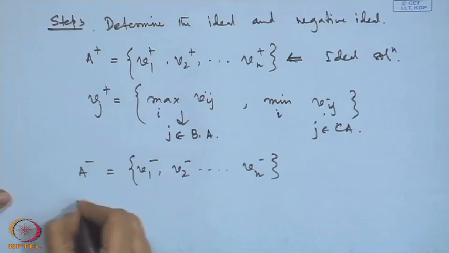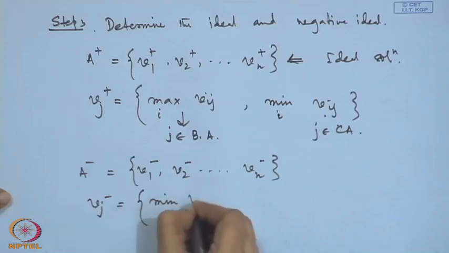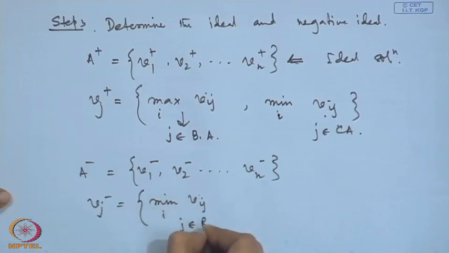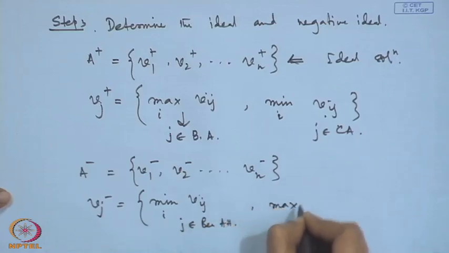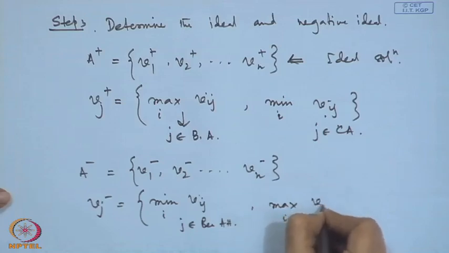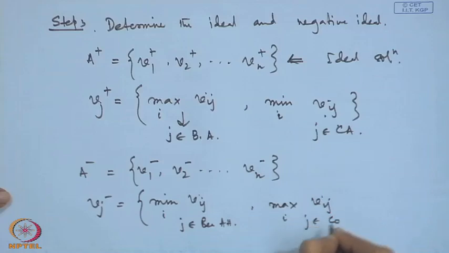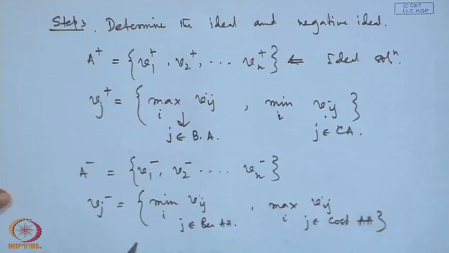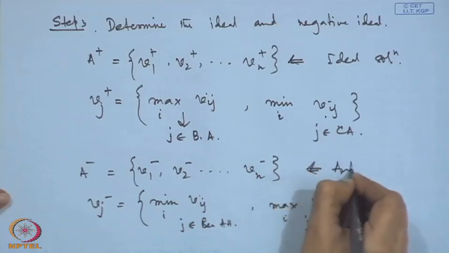This can be considered as V j minus is equal to the minimization of all V i j over i, where j is the benefit attributes, and maximization where we are not satisfied at all, because we are considering the maximum value of the price. This is the cost attribute. In this way, this is the ideal solution and this is the anti-ideal or negative ideal solution.